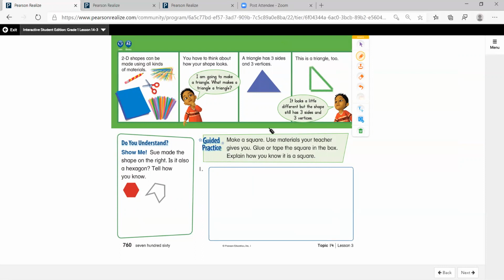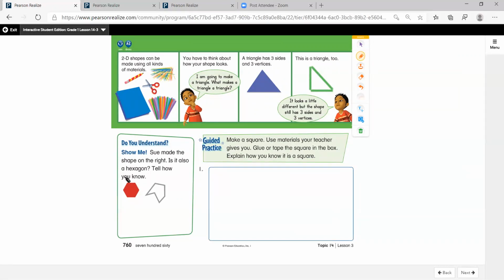How do we know? Well, if we count our sides, we can count 1, 2, 3, 4, 5, 6. And if we count our vertices or points, again, we count 1, 2, 3, 4, 5, and 6.